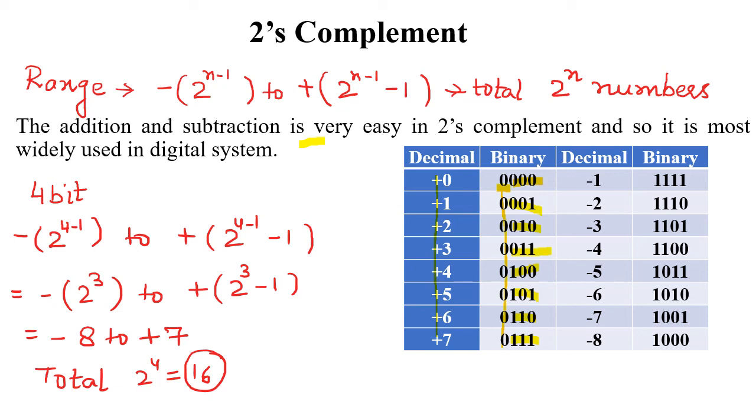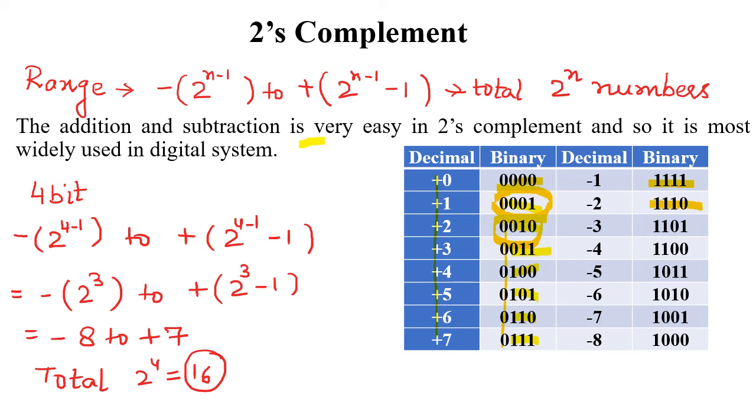For minus 1, take the 1's complement of 0 0 1, that is 1 1 0, add 1 to it, which makes it 1 1 1. Similarly, for minus 2, take the 1's complement of plus 2, that is 1 0 1, and then add 1 to it, that makes it 1 1 0.